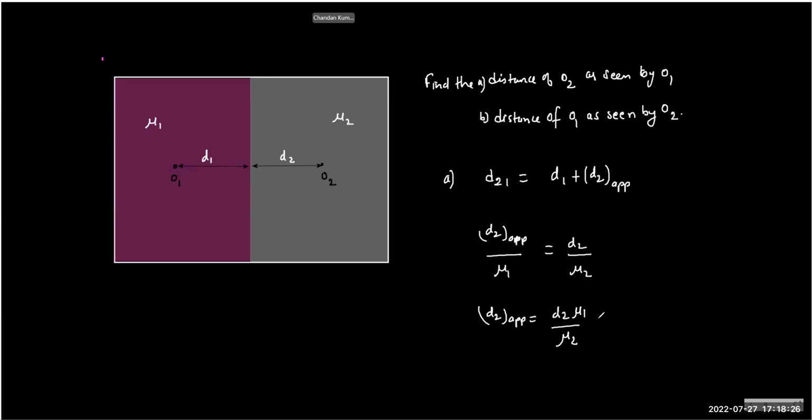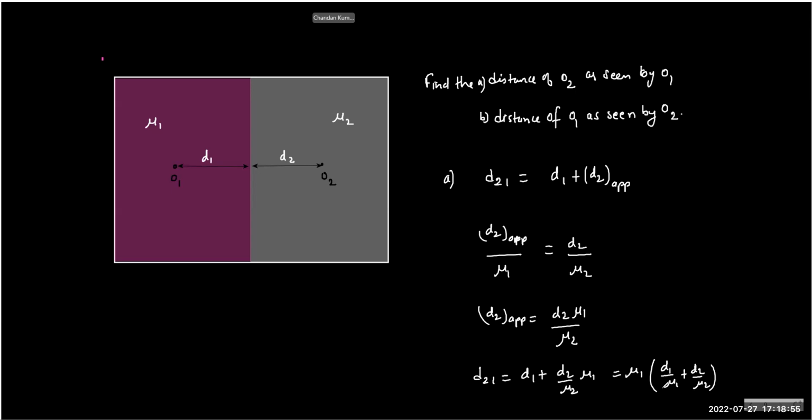Yes, sir. And then the distance turns out to be D1 plus D2 by mu2 into mu1. There are many ways of writing this. You can write it this way, or you can take mu1 common. It will look like D1 by mu1 plus D2 by mu2.